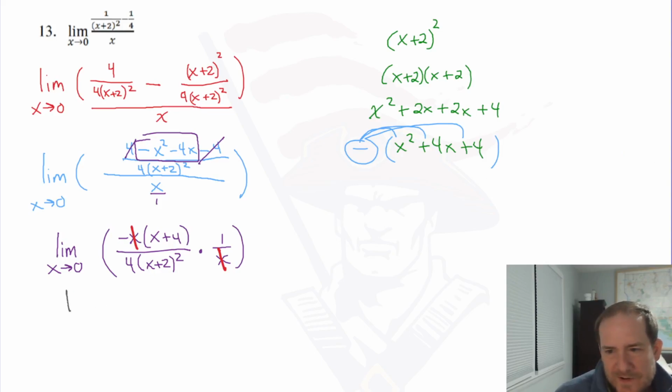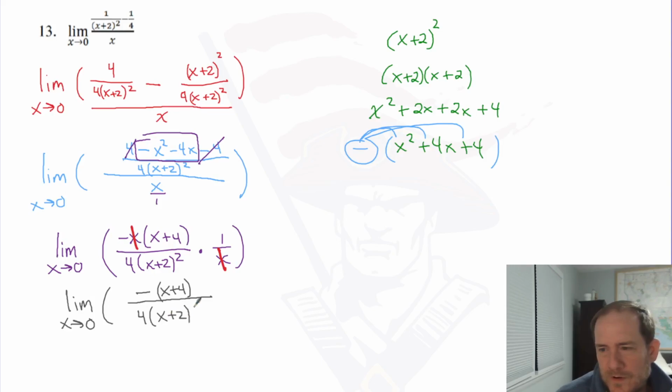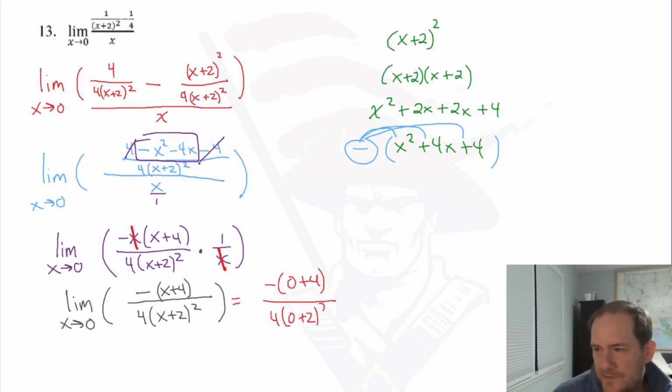So we now have the limit as x approaches 0 of negative x plus 4 all over 4 times x plus 2 squared. Yeah, that's it. So all we have to do is evaluate that now. So plug in 0, and you get negative 0 plus 4 all over 4 times 0 plus 2 squared.